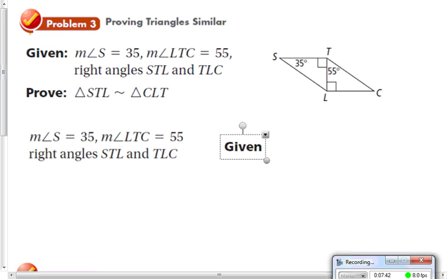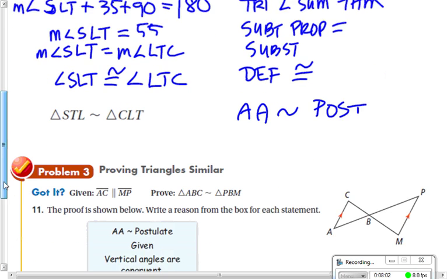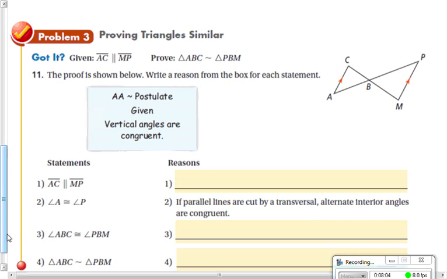And then that's going to equal angle LTC. And then we're just going to use angle-angle similarity to show that the triangles are similar. So I'm going to write down those steps. All right, you try proving one here. Just fill in the reasons.